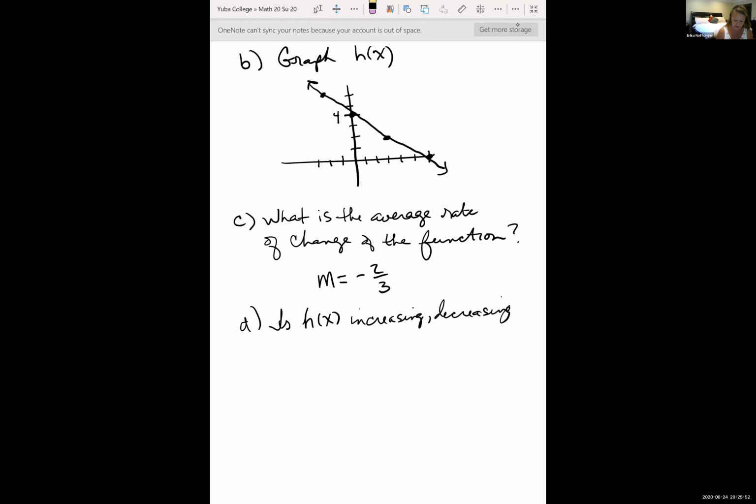Well, that has to do with the slope and what value our slope is. And m is equal to a negative 2/3. That's a negative number. That's less than 0. So it's decreasing.